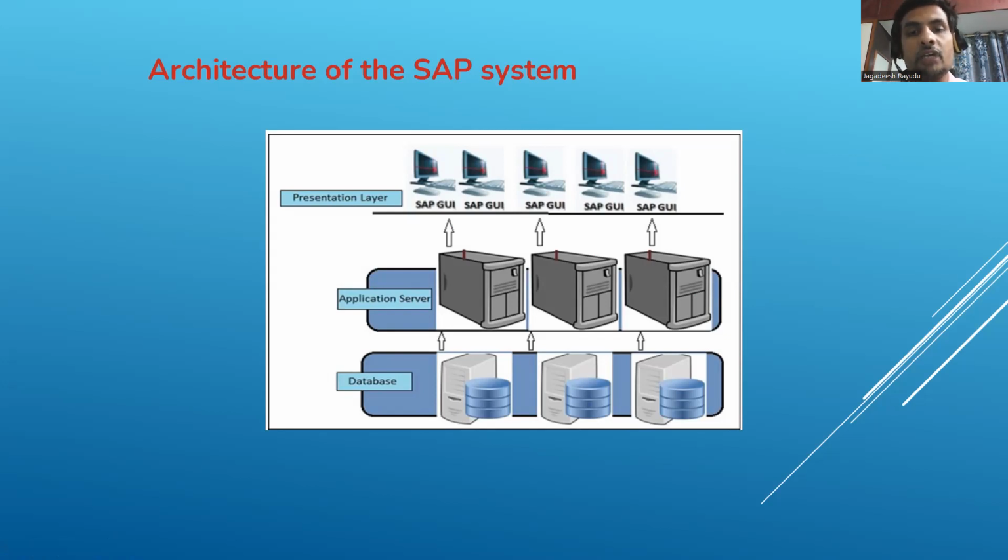Best example: yesterday how many orders got created, or in the last 10 months how many orders you have created. We have a transaction called VA05 or VA05N.